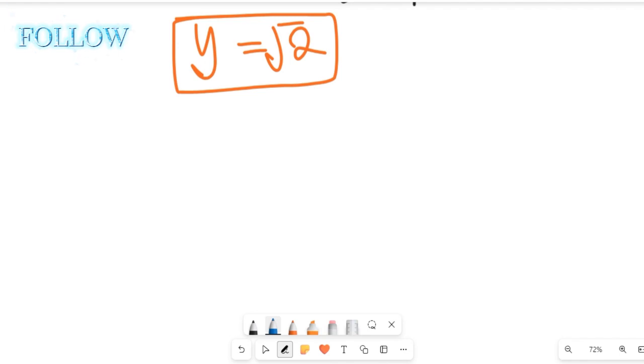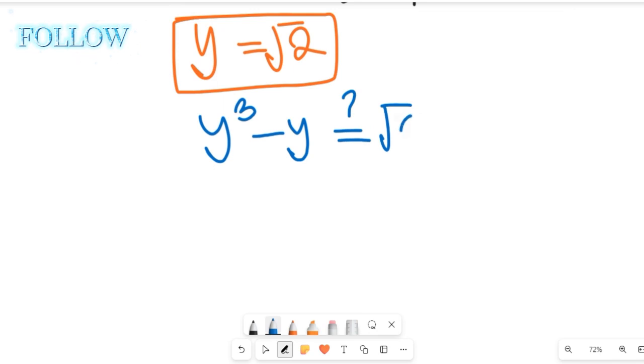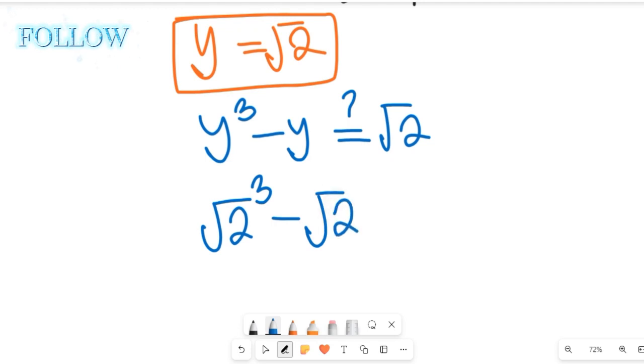Now let's see, we have y to the power of 3 minus y, is it going to give us root 2? Remember, our result is what? 2 to the power of root 2 minus what? Minus root 2.